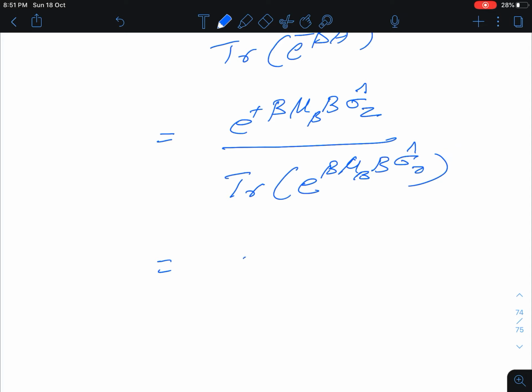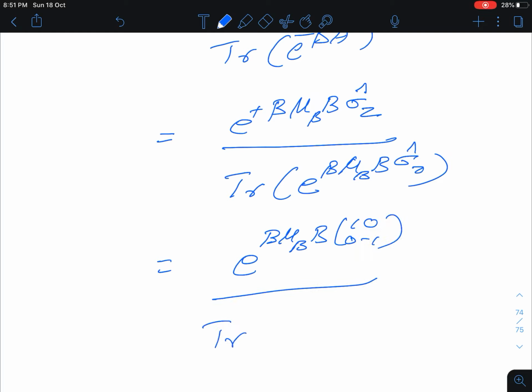So e raised to beta mu B B (1 0; 0 minus 1) divided by the trace of e raised to beta mu B B (1 0; 0 minus 1). Good.